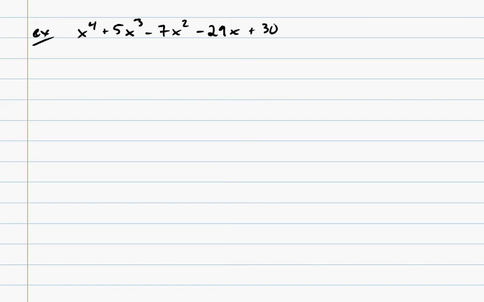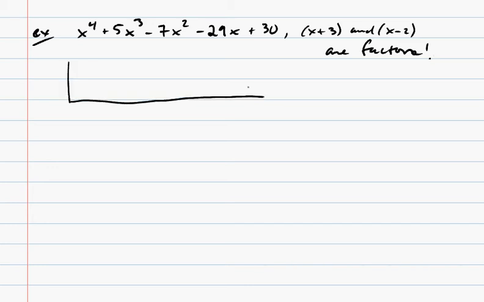They say that x plus 3 and x minus 2 are factors. What this means is that we're going to have to divide twice before we get it down to where we can just use our factoring trick.